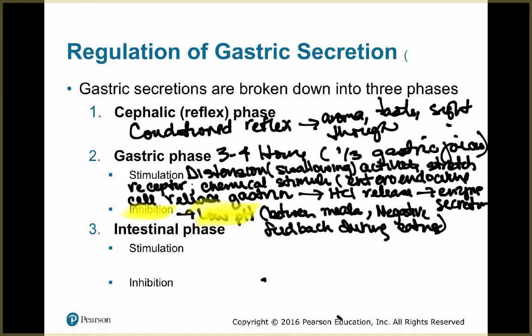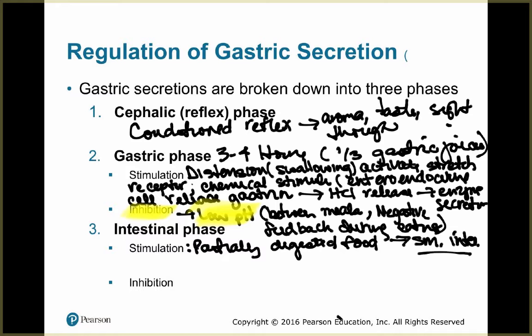And so basically, let me write this down. So partially digested food, right, goes into small intestines. That's small intestine right there.